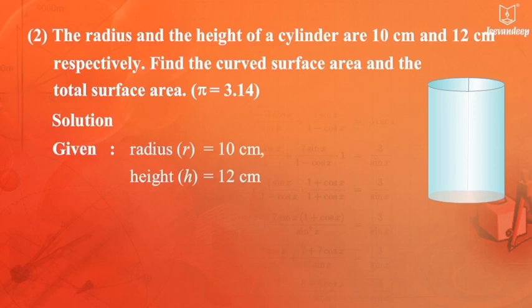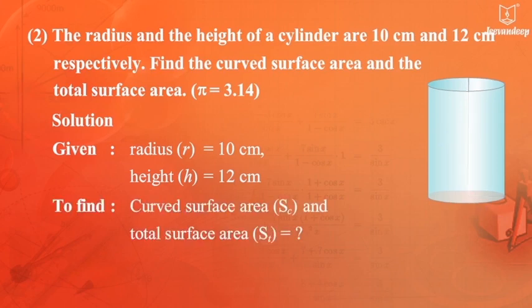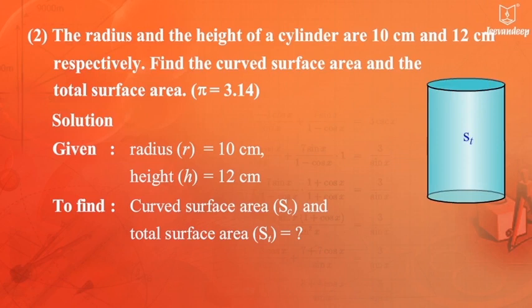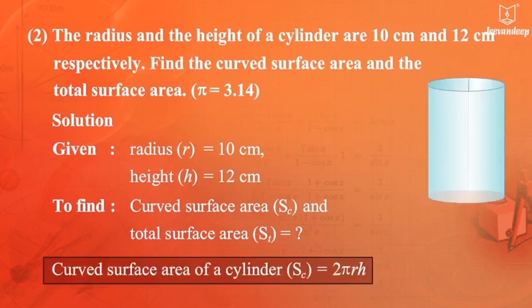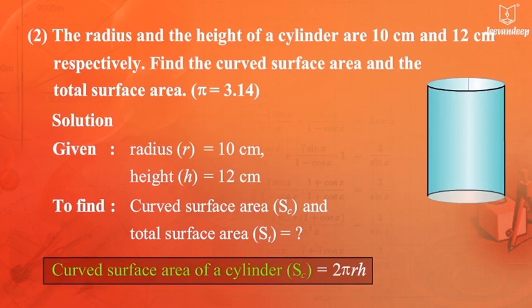Given radius r equals 10 centimeters, height h equals 12 centimeters. To find curved surface area SC and total surface area ST. Curved surface area of a cylinder SC equals 2 pi r h.